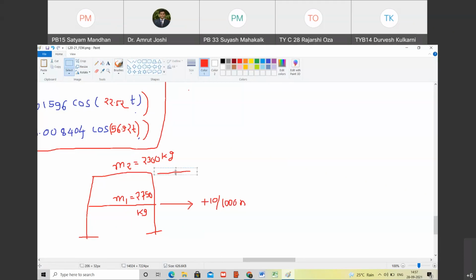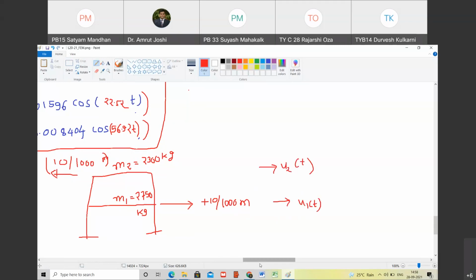So at time t equal to 0, we have pulled the mass M1 towards right from mean position by amount 10 by 1000 meter, and we have pulled this mass M2 towards left by 10 by 1000 meter. Happy? Right, sir. And then we are looking at what is U1 of t. Happy? And what is U2 of t.